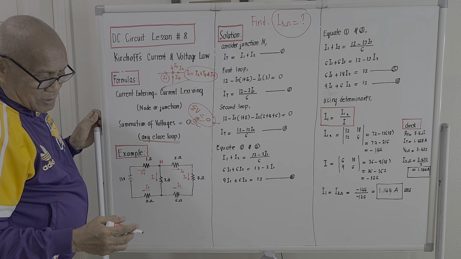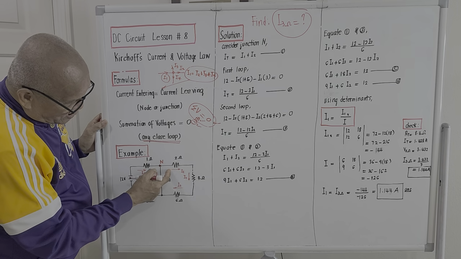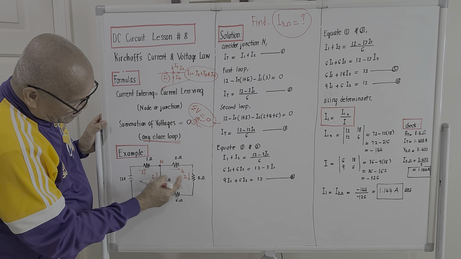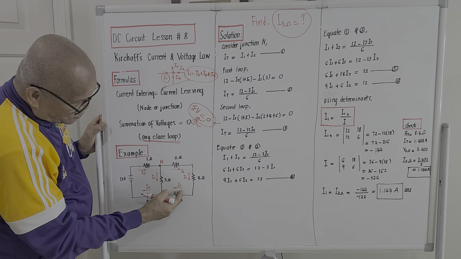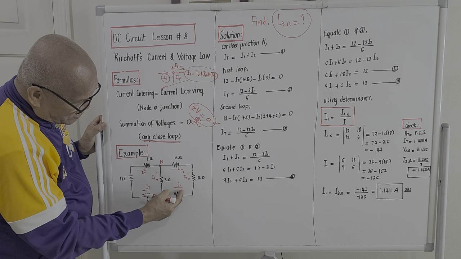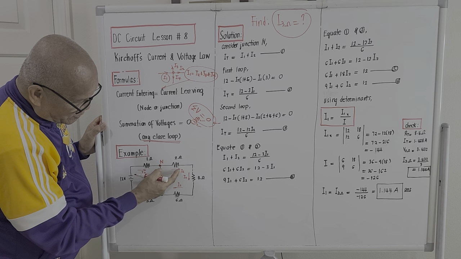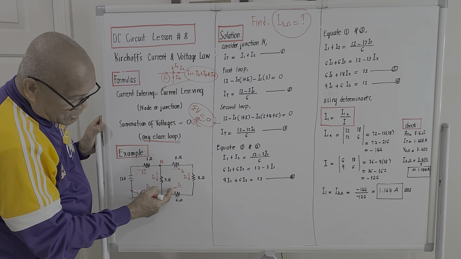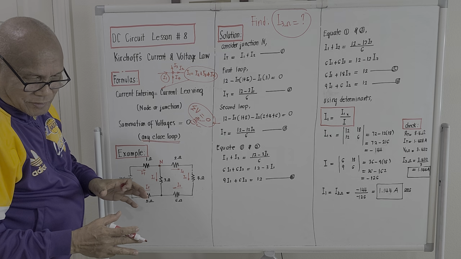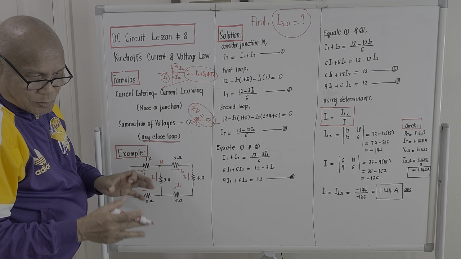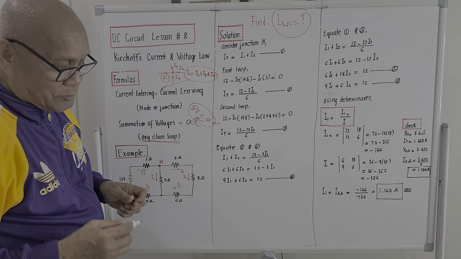But for I sub 2, there are some easy things, because if this is I sub 2, the current passing here should also be I sub 2, and the current passing here should also be I sub 2. So for these three resistances, the current are actually the same and it is designated as I sub 2. That's very important because when we take the summation of the voltages, we should take note of the current passing through each resistance. Okay, let's try to bring out the solution.